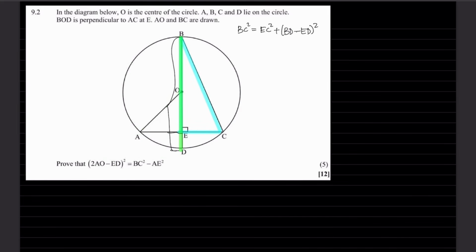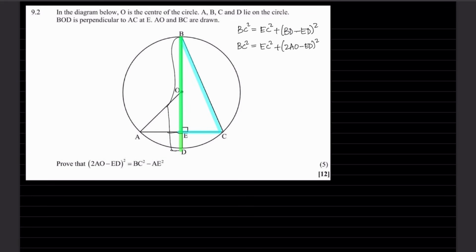So instead of writing BD, I can write 2AO. So BC squared is equal to EC squared plus 2AO minus ED all squared.